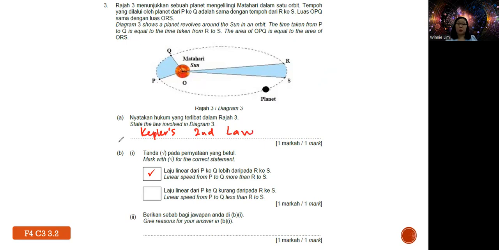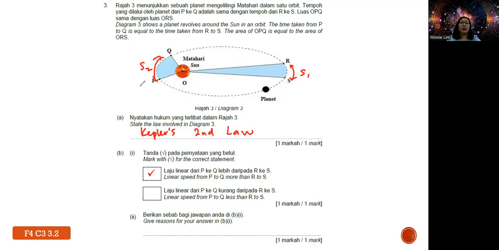Okay, next, B1, mark with tick for the correct statement. Basically, which part is the speed greater? They mentioned that the distance from here to here, I assume S1, and here to here, S2, will take the same time to travel. But as you can see, the distance is different.